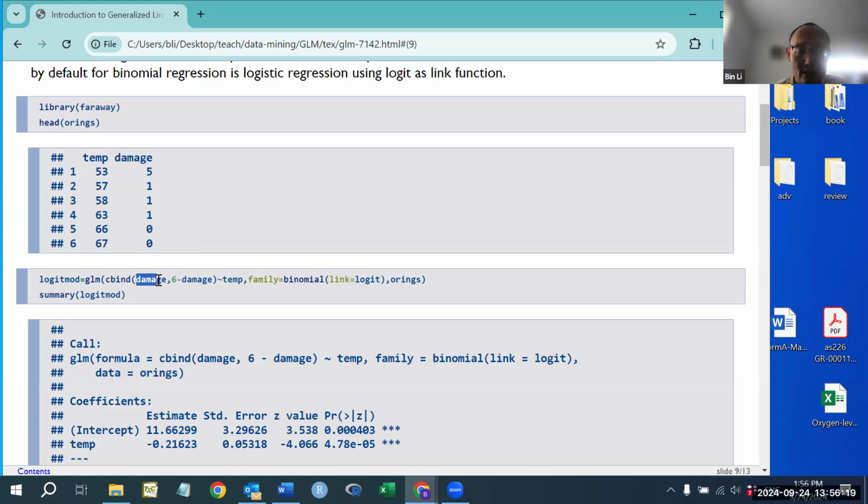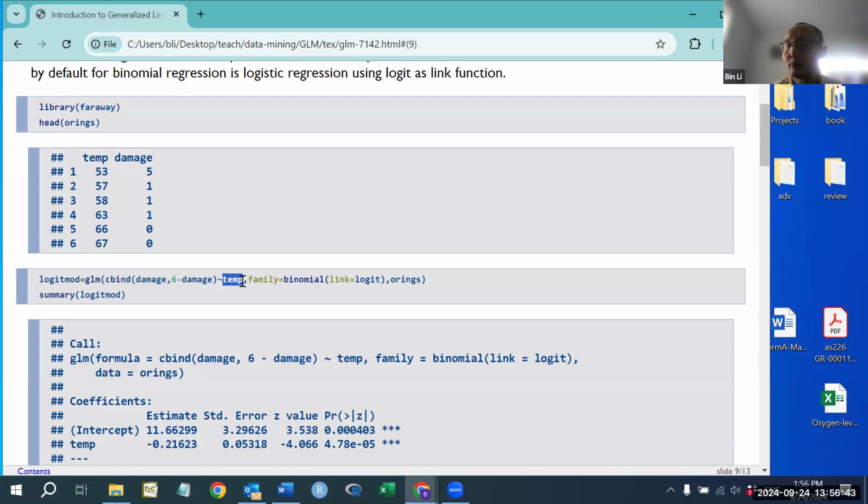So we combine damage and 6 minus damage. That means one column is the number of damage among these 6 experiments, and the other column is the number of not damaged. That is the response information, modeled by the temperature.